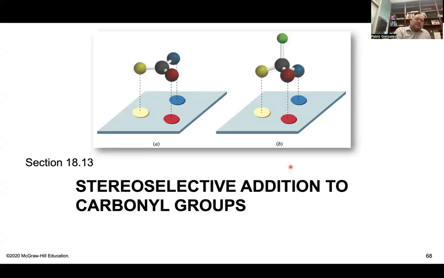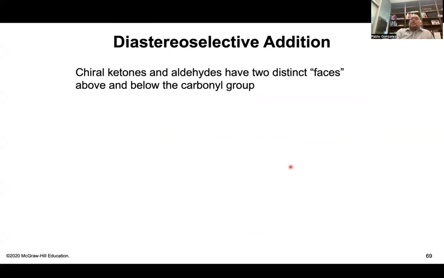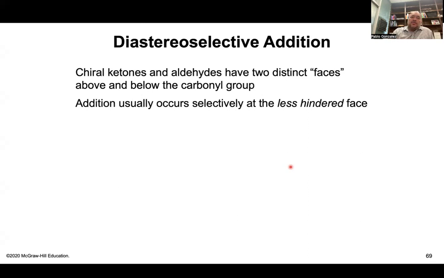18.13, stereoselective addition to carbonyl groups. Chiral ketones and aldehydes have two distinct faces, above and below the carbonyl group. Addition usually occurs selectively at the least hindered face. So here we have this compound, which is a bicyclic ketone.